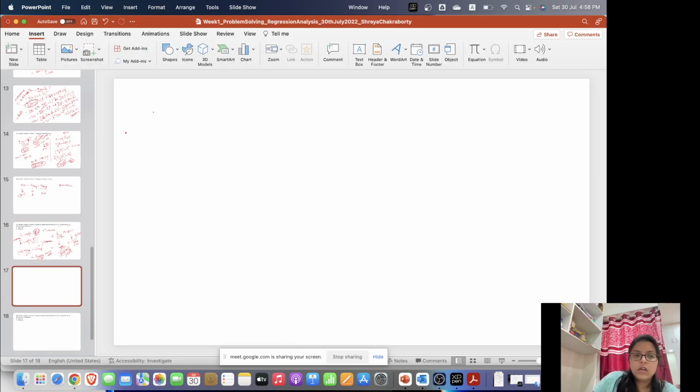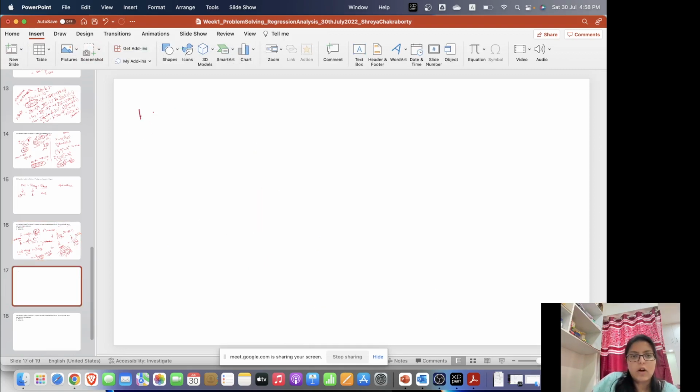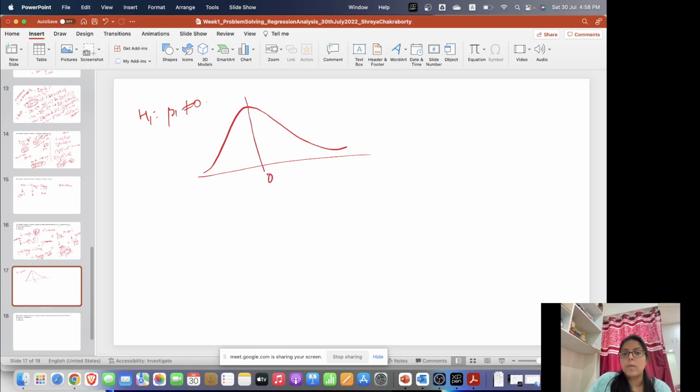Now my alternate is beta 1 is not equal to 0. So intuitively, if this is a t distribution with mean 0, and if I have to establish that beta 1 is not equal to 0, then my t statistic must lie in this part or this part, since it could be greater than or less than as well. So the critical region is this one, t_{n-2, alpha/2}.